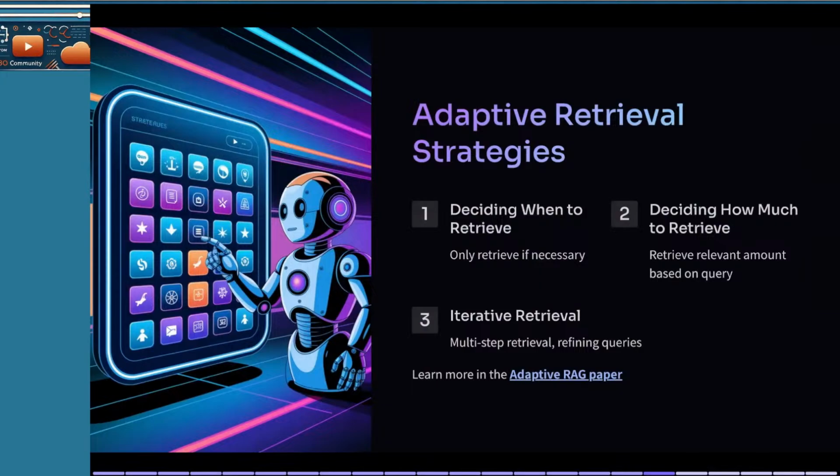How much do you need to retrieve? Now you've retrieved it, do you need to retrieve further? So it's a much smarter way of doing RAG, but it's also more compute heavy, because we have to generate thinking tokens as well as just naively doing the retrieval.